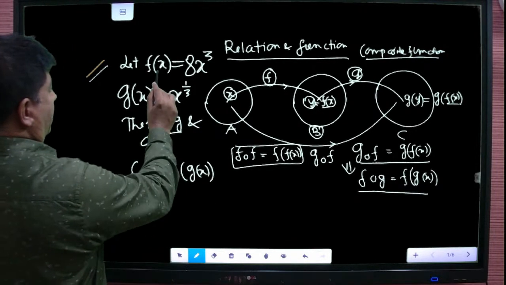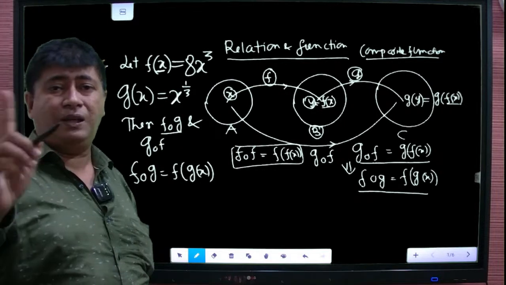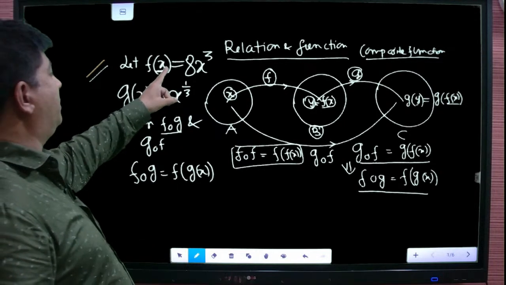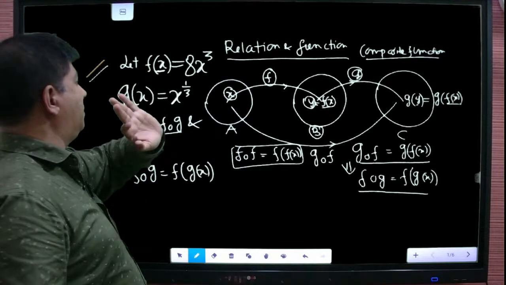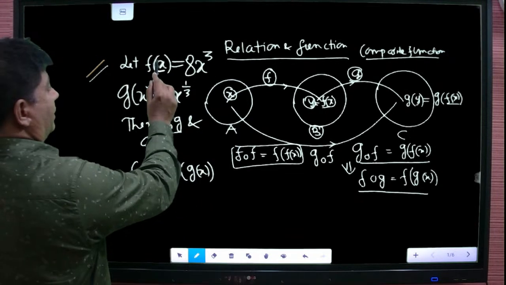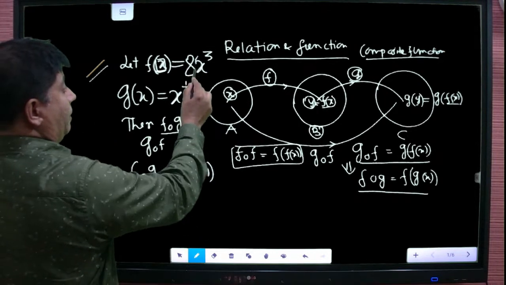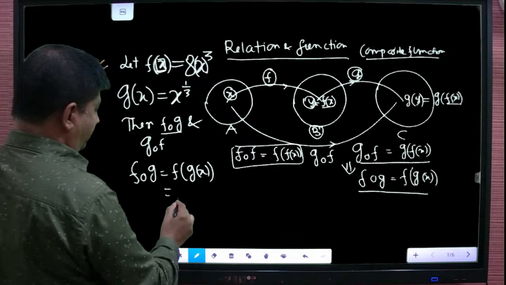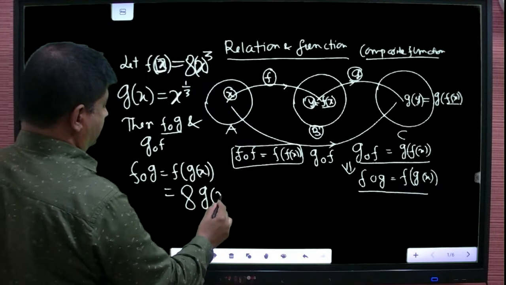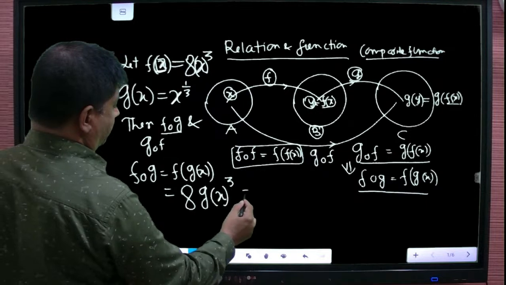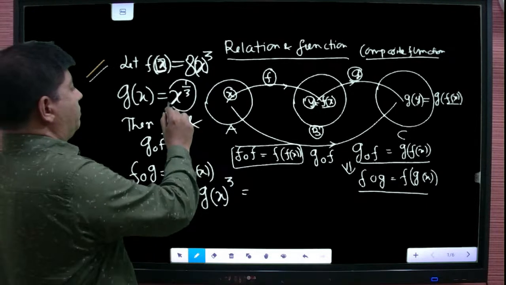See, if I put 1 in place of x, that x also will be replaced by 1. If you put 2 here, then 2 will come here too, if you put 3 here, then 3 will come here too. So I am putting g(x) in place of x, so here also g(x) will come: 8 times g(x) whole cube. So what is g(x)? g(x) is also defined here as x to the power 1/3.